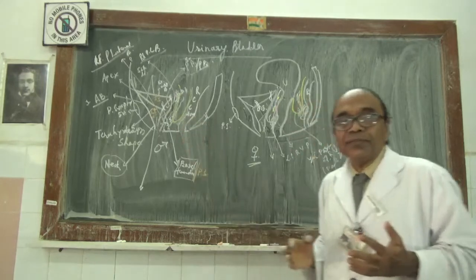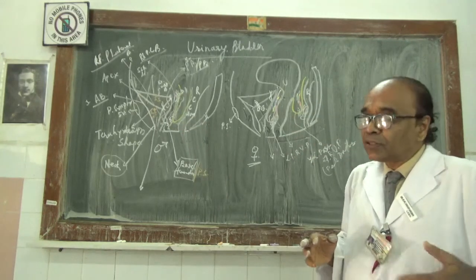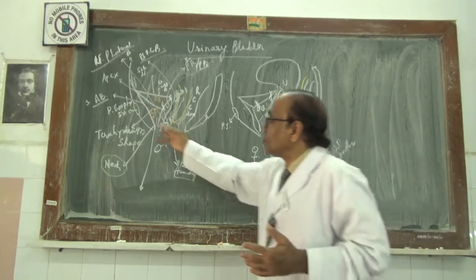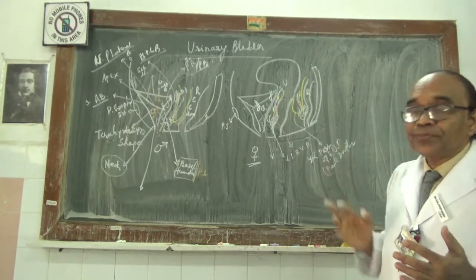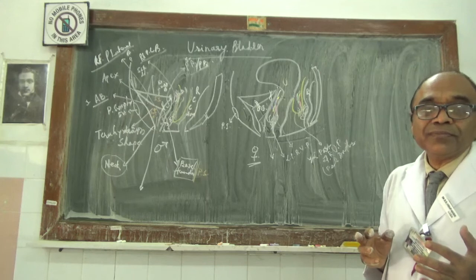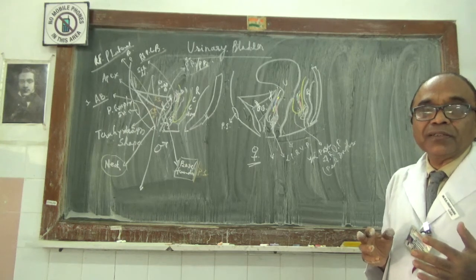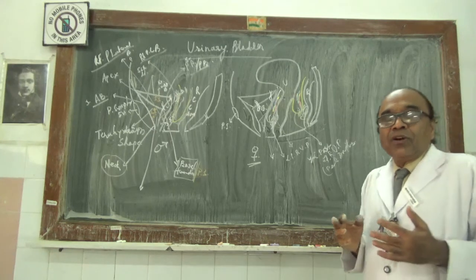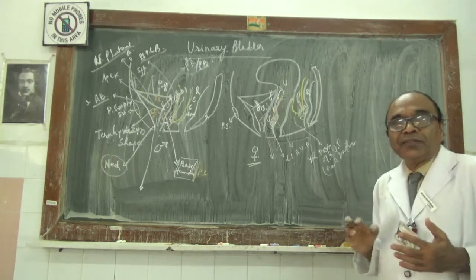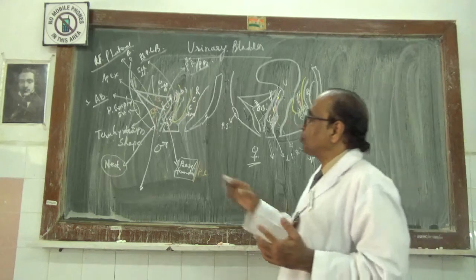Apart from that, towards the posterior side, it is also related to the obturator foramina, obturator artery, obturator nerve, obturator veins.